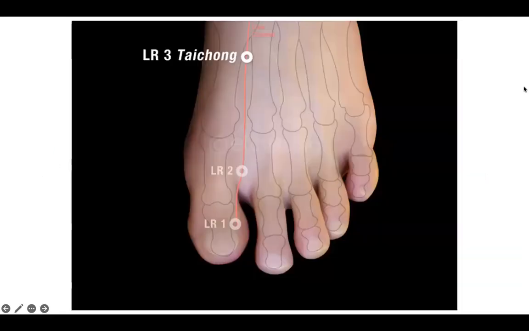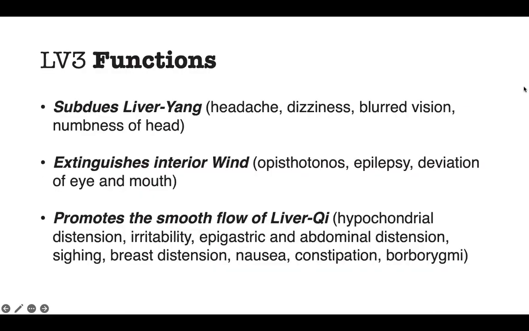Liver 3 is located on the dorsum of the foot in the depression proximal to the first metatarsal space. Yuan source point of the liver meridian and Shu stream point of the liver meridian. Functions of liver 3.